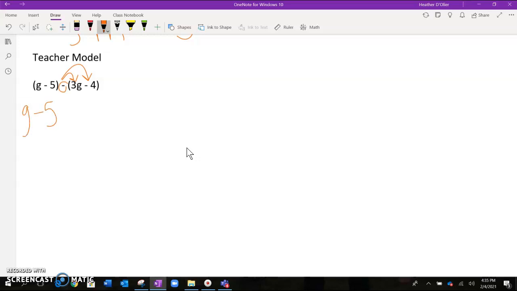That minus is going to make this positive 3g the opposite, so it's negative 3g. Then negative 4 becomes the opposite. It's positive 4. A lot of times I hear you guys ask, is it a minus sign or a negative sign? They're the same thing. When I say 5 minus 3, that's the same thing as 5 plus negative 3. So if you see that sign, make it the opposite.